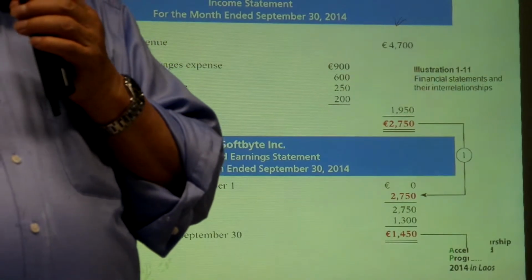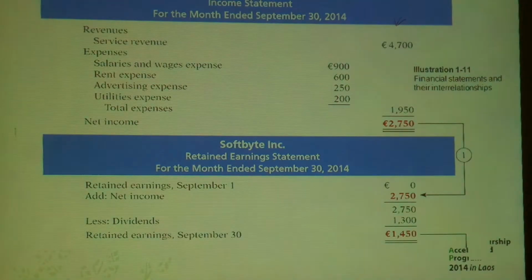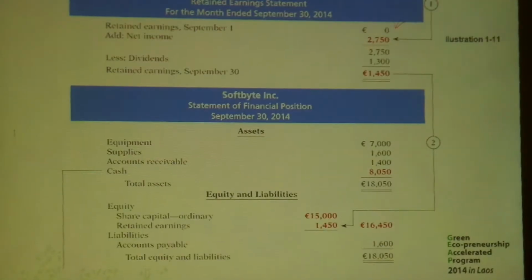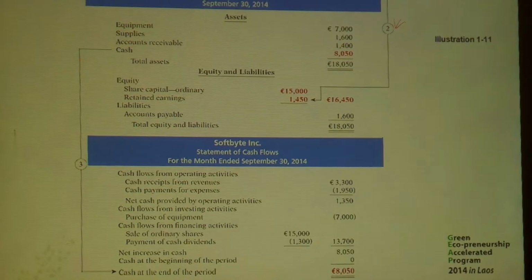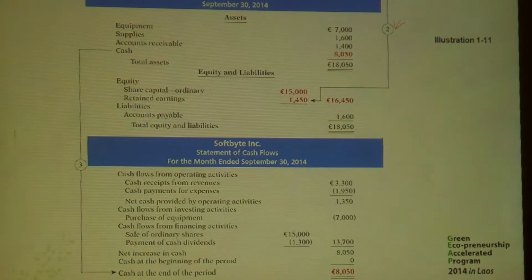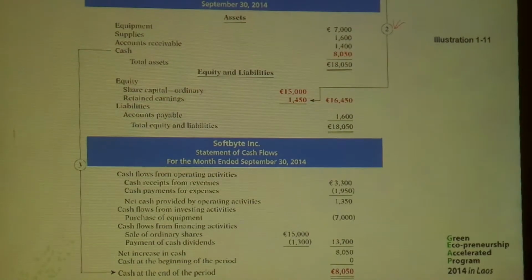So, could you go to the last page? Last page, okay. This one? Yes. Here I see the cash flow from the financing activity. In case you sell ordinary shares, if the payment of the cash dividend is paid, what will happen?